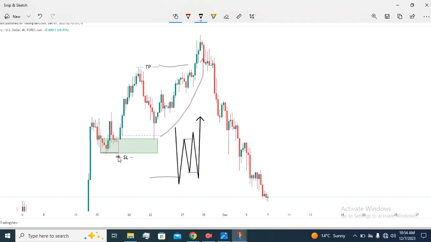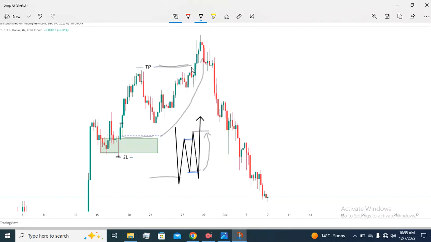Then the first break of structure is right here, and its lower low is here. Then our aim is to ride from there to here. This is our take profit, which is right here. As simple as that.